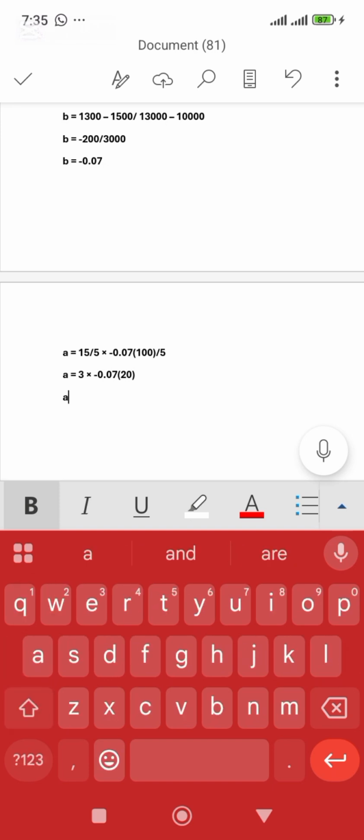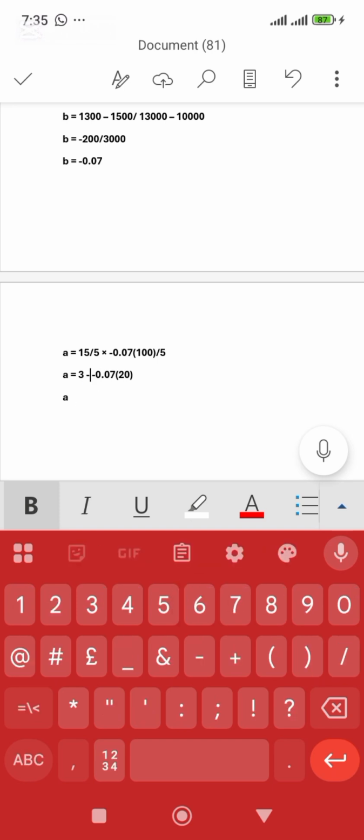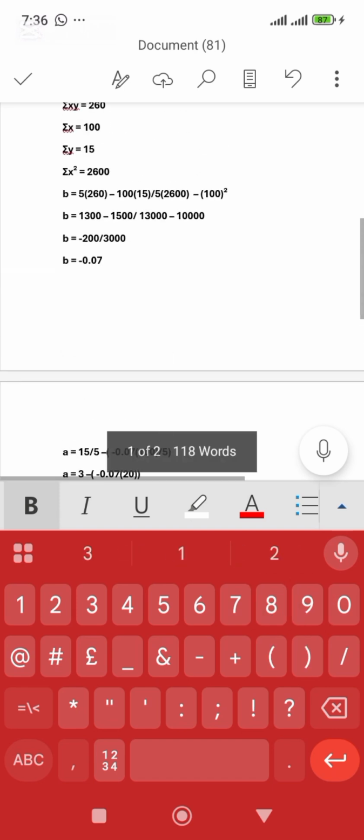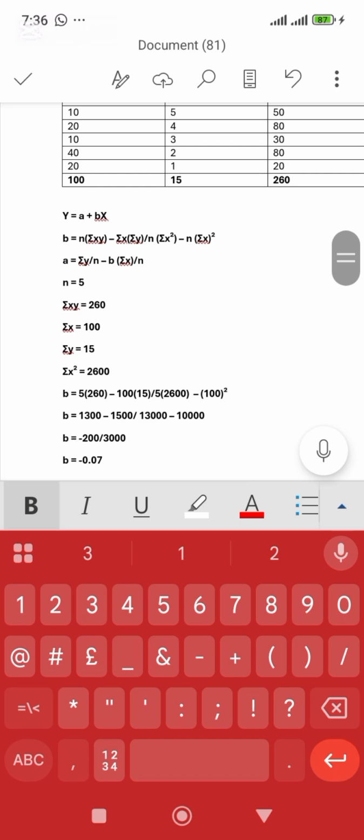So a equals, now we'll change this into the actual minus, which means double minus now. Put the bracket in between. That other upside now becomes minus 2 because the formula is minus, not times. It's summation y minus b times summation x divided by n, not times b.